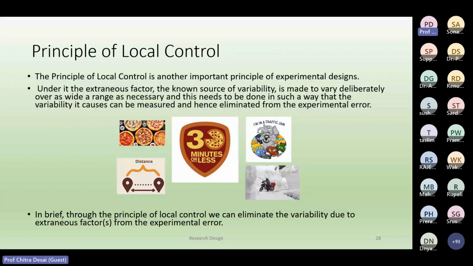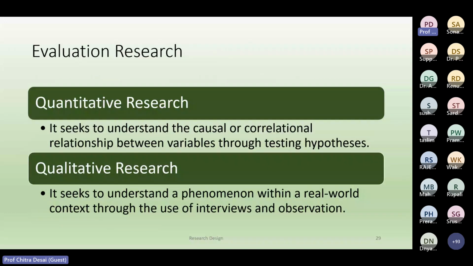The fourth type is the evaluation research. We have a completely different set of exercises on this, quantitative and qualitative research. So in evaluation research, we have quantitative research and qualitative research. Quantitative research helps us understand the causal or correlation relationship between the variables through the testing of hypotheses, whereas qualitative research helps us understand the phenomena within the real world context through the use of interviews and observations.